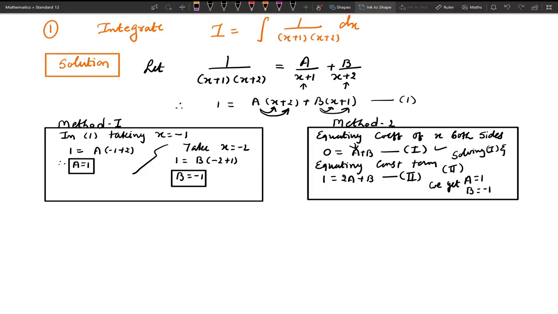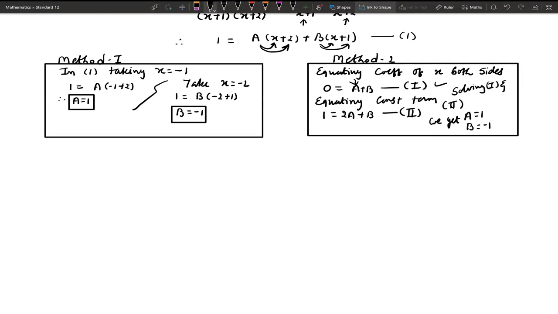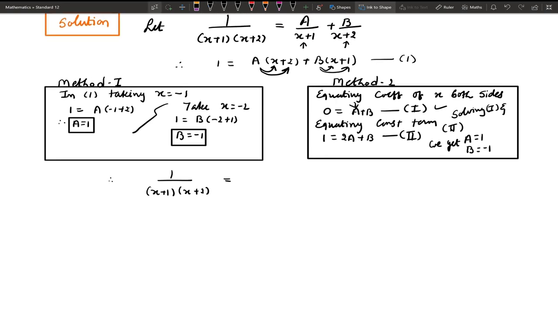So therefore the given expression 1 upon (x plus 1)(x plus 2) equals, now a is 1, so 1 upon x plus 1, b is minus 1, so minus 1 upon x plus 2.